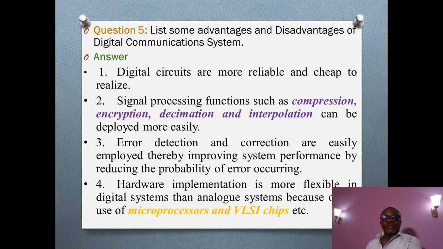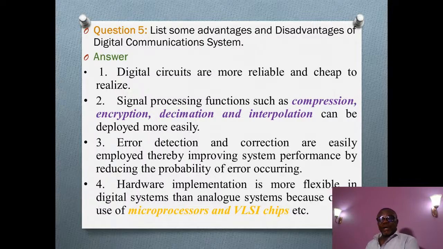Second one, signal processing functions such as compression, encryption, decimation, and interpolation can be deployed more easily. So when we will be treating digital signal processing, we will talk more on this decimation and interpolation of signals.